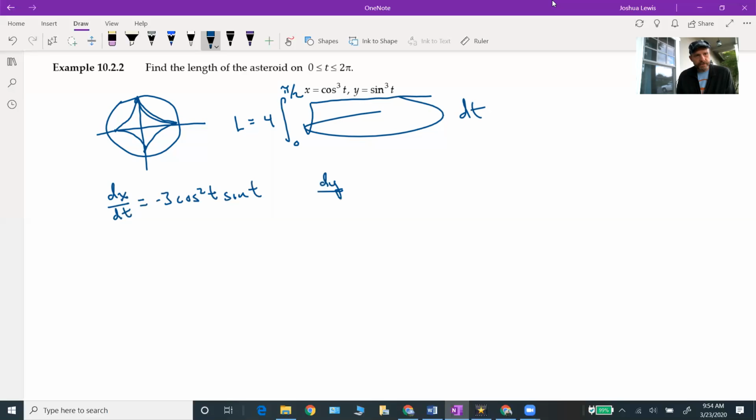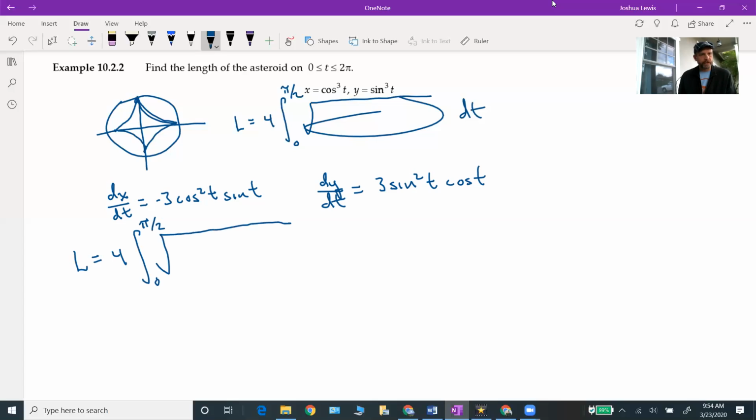And my dy dt then will be 3 sine squared t. The derivative of sine is cosine. Okay, a little chain rule there. So my length of that asteroid will be 4 times the integral from 0 to pi halves of the square root.